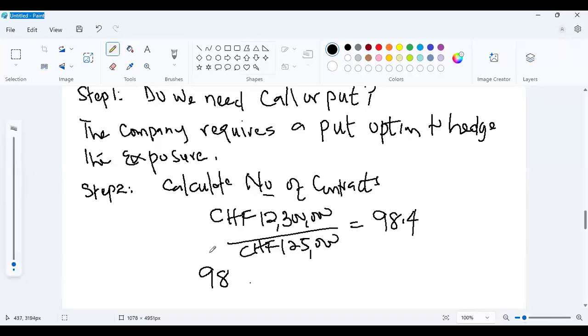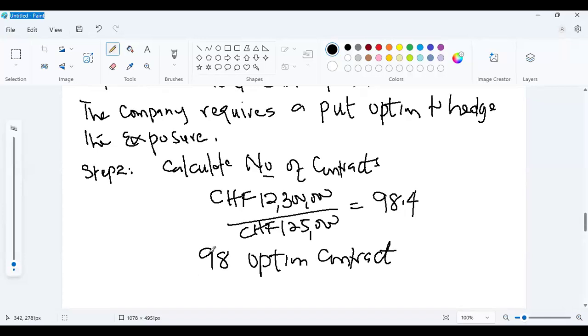We are going to select 98 option contracts. That means there's a fraction. The same thing we did under currency futures, we apply here also.